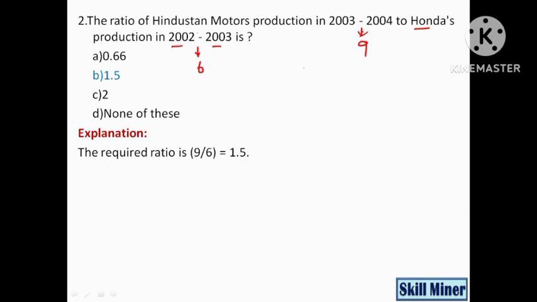The question is asking for the ratio of Hindustan Motor's production in 2003 to 2004 to Honda's production in 2002 to 2003. The ratio will be 9 by 6, which is equal to 3 by 2, which is equal to 1.5. So option B is our right answer.